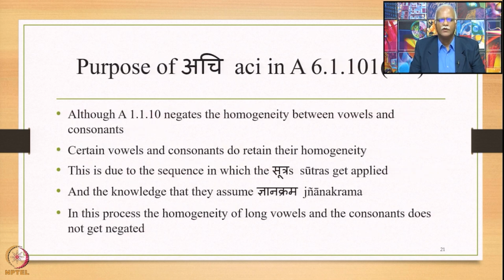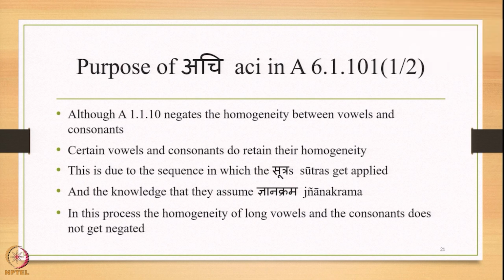Let us now look at one important topic in relation to the concept of savarna explained in the explanation of akah savarne dirghah. We said that in this particular sutra, the word aci continues from 6.1.77, iko yanaci.